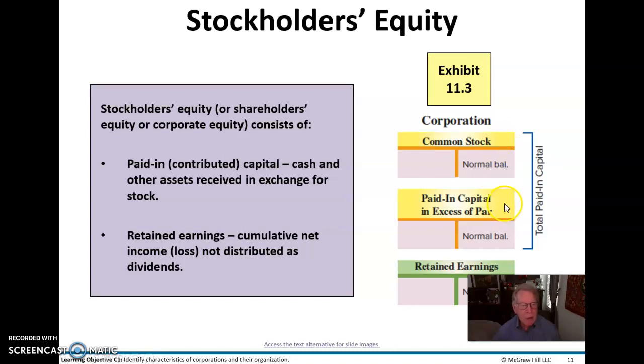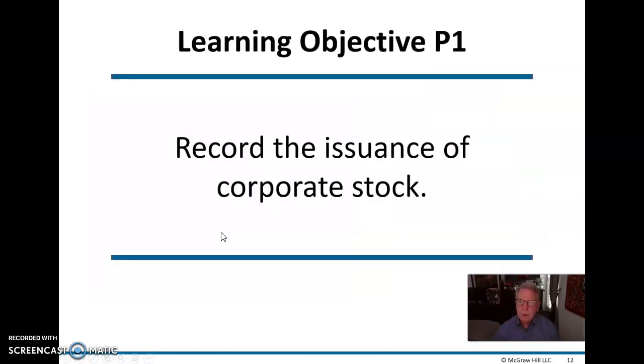Then we'll have money that's paid in addition to that par, paid in capital in excess of par, as a separate general ledger account. And then retained earnings, you've seen that so far, and I think you know what that is by now. Okay, so let's look at how we do that real quickly.